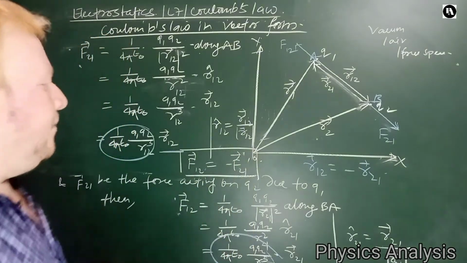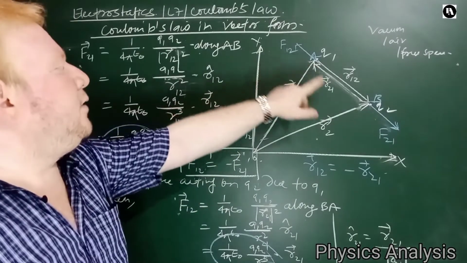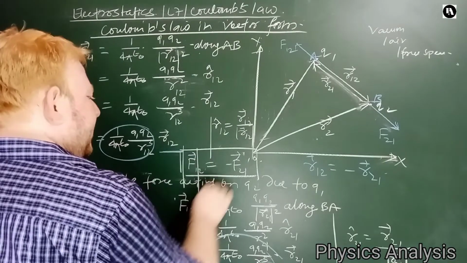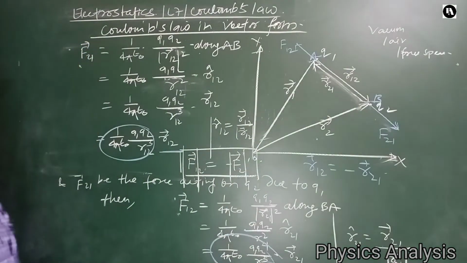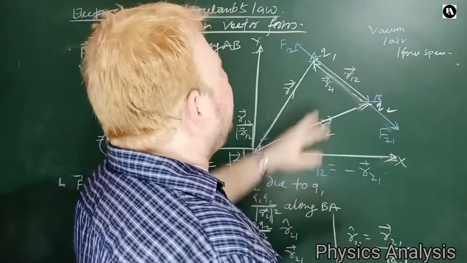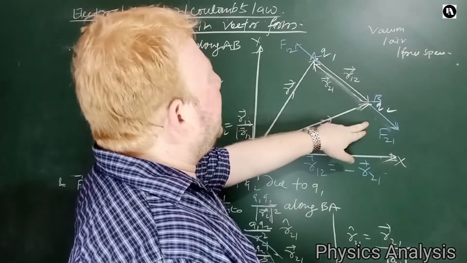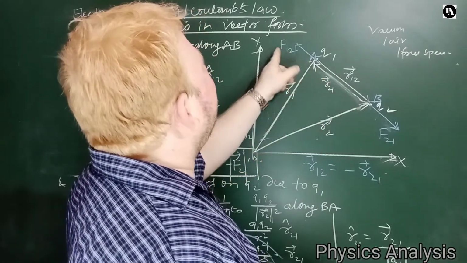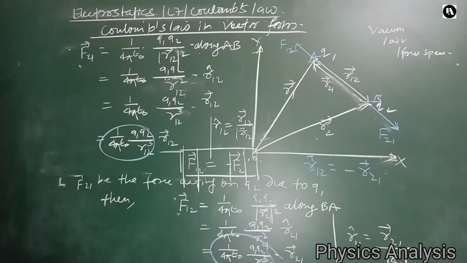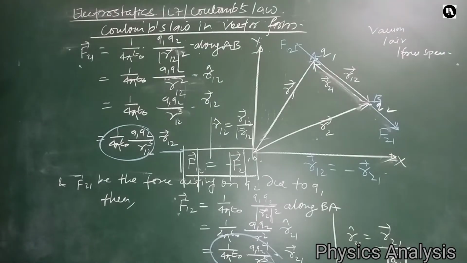So if we consider the direction, then F12 is equal to minus of F21. But in mod both values are same. So the force of interaction acting here will be same. That is, F12, force acting on 1 because of 2, will be equal to F21, force acting on 2 because of 1. So this is the Coulomb's law in vector form. You can note it down.